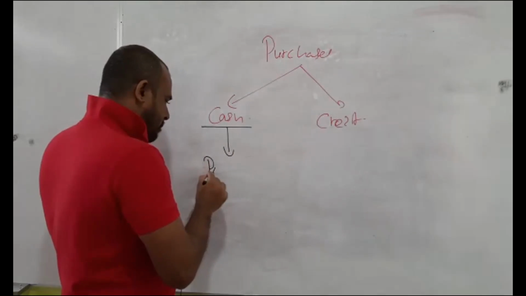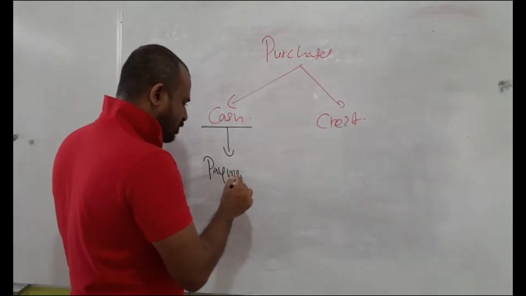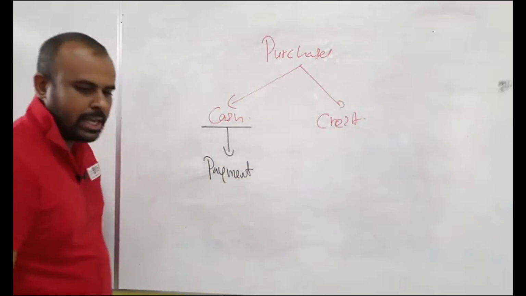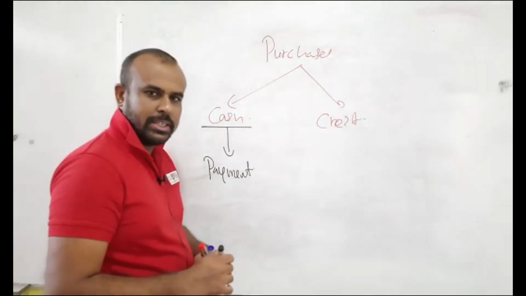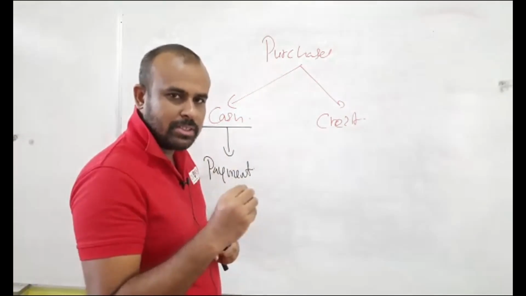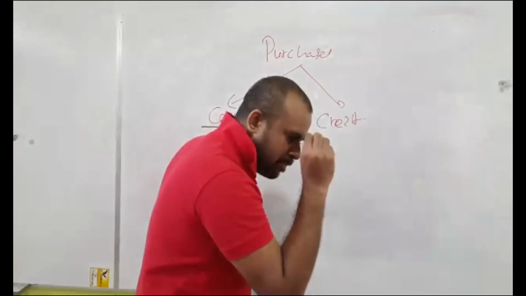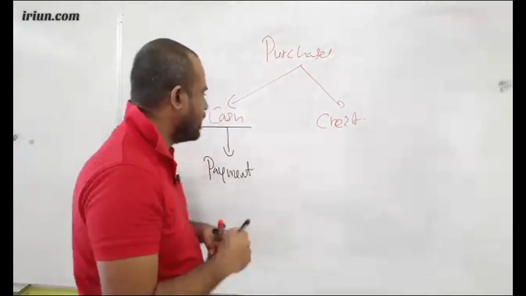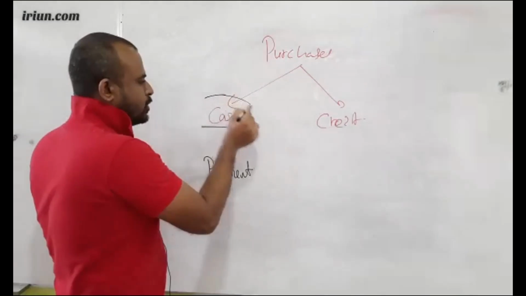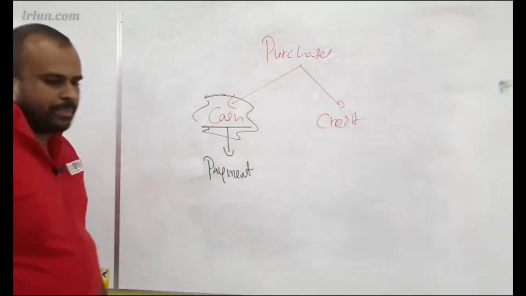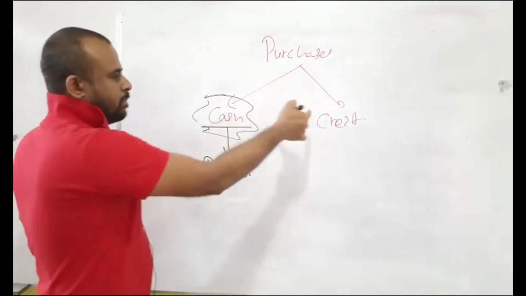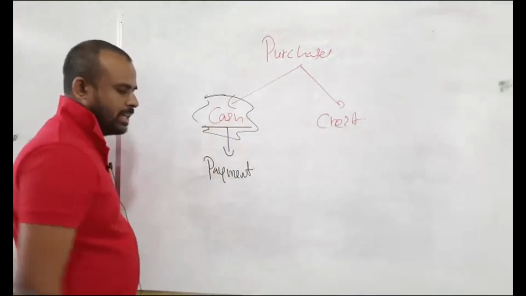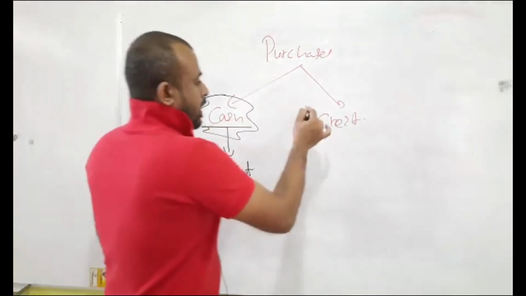That is the payment journal. When you do cash purchases, you pay at the time you purchase, so the payment is recorded in the payment journal. Therefore, keep in mind, cash purchases will not be recorded in the purchases journal.